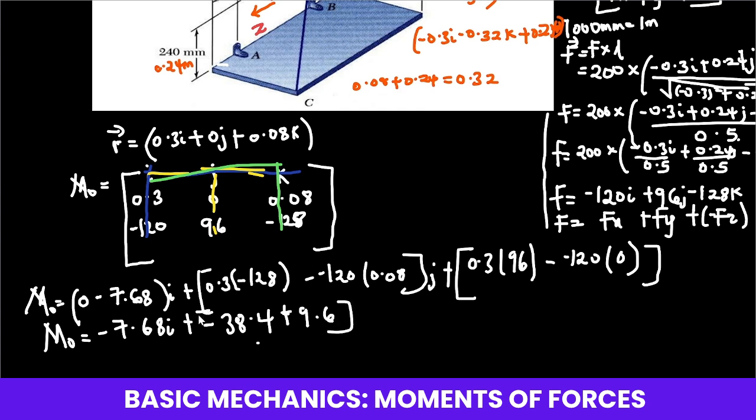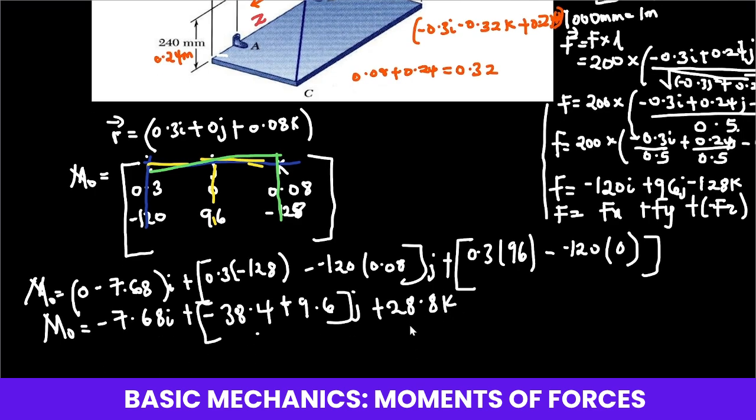The whole of this is in terms of J. Then lastly, we're going to have the K as well. So 0.3 multiplied by 96, we're going to have positive 28.8 K.